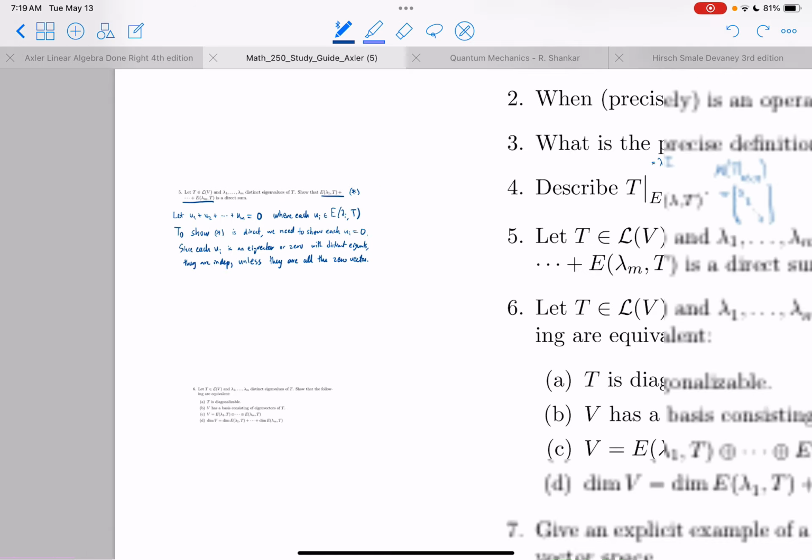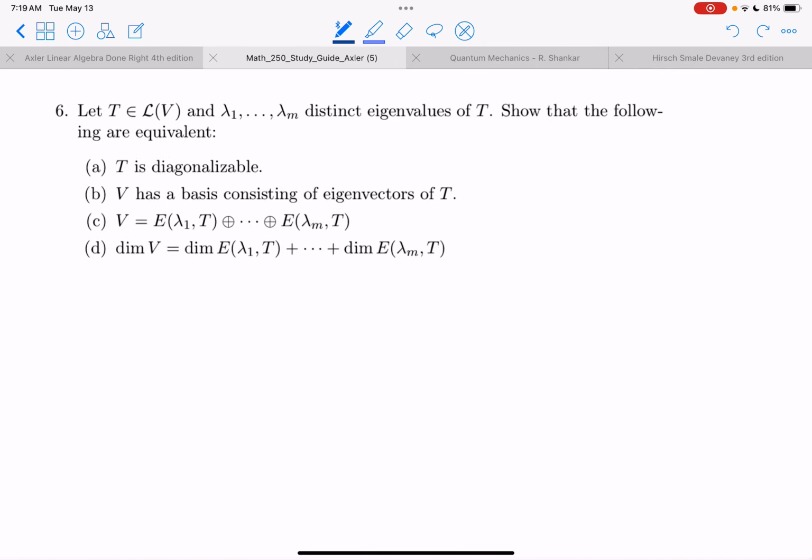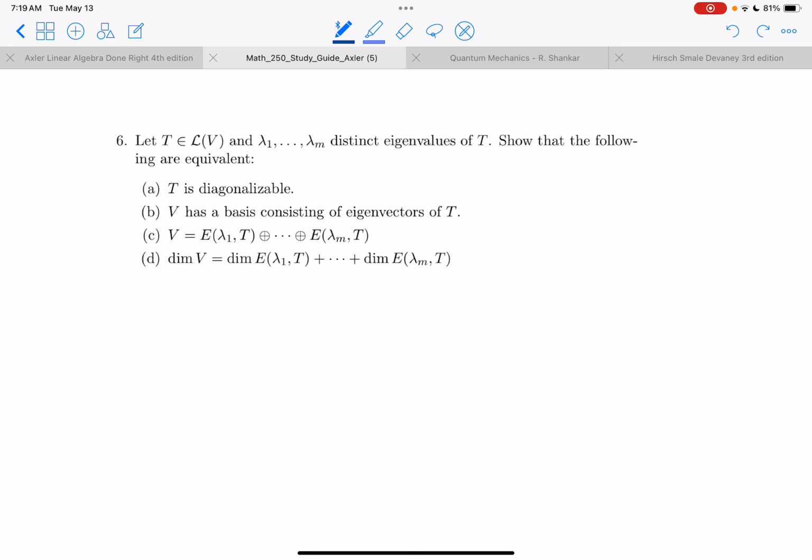Good. So let's look here. This is a big proof, but lots of it is very simple. For example, if T is diagonalizable, if A holds, can we show that A implies B?